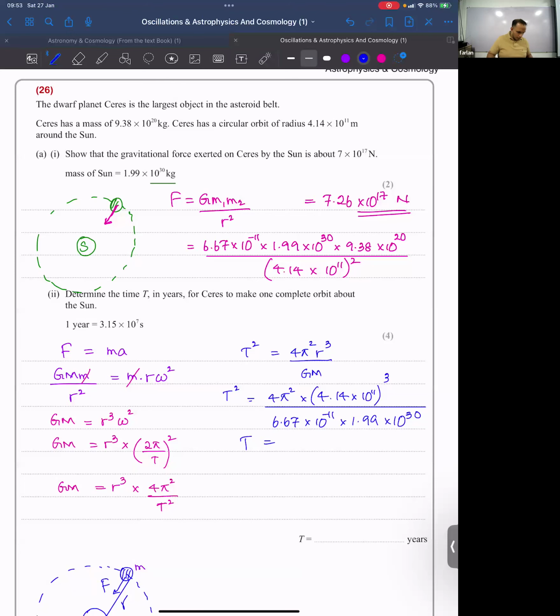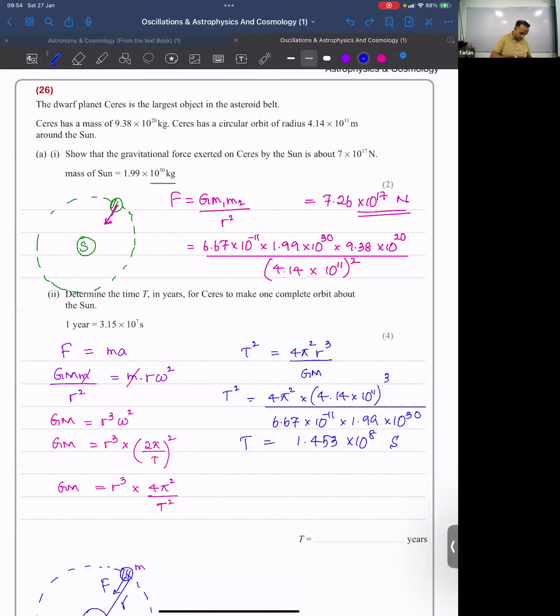I'm getting 1.453 into 10 to the power 8 seconds. But they want it in years. So this is in seconds. Divide that by this one. We have 1 year is 3.15 into 10 to the power 7 seconds.